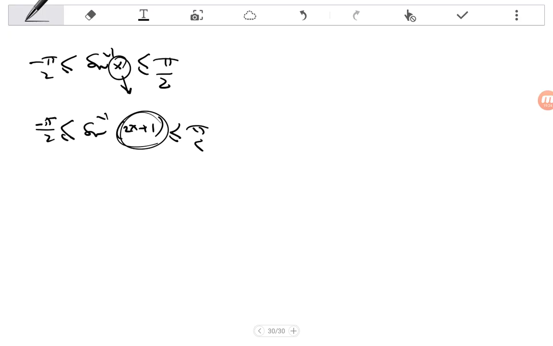Because it is the input of the sine inverse, it will cover the whole domain of the sine inverse, so it will not change that inequality.